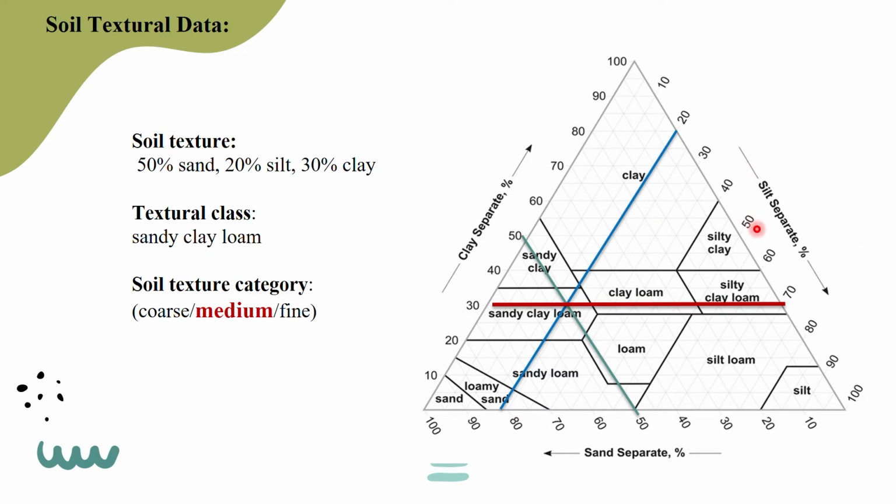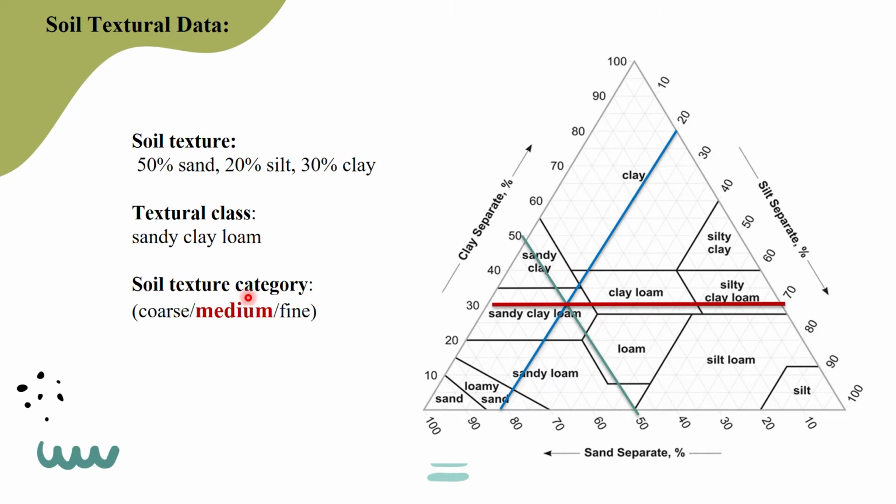And for the clay, we have 30% and also draw a line. All these lines connect at one point, which is sandy clay loam. So the soil texture class will be sandy clay loam.